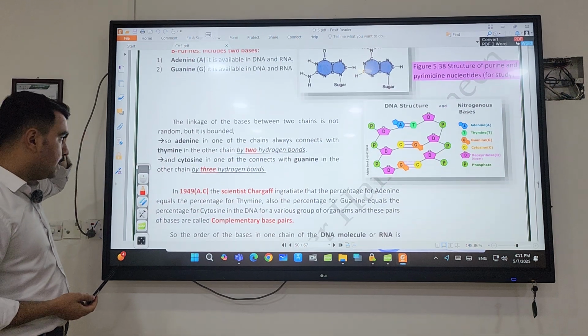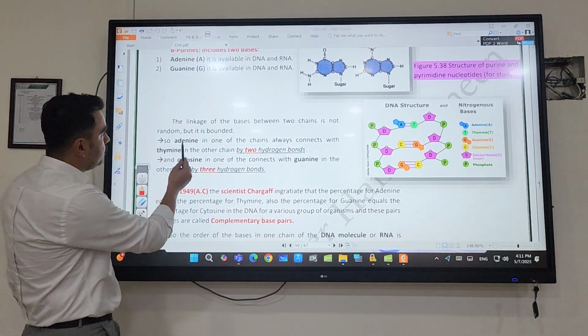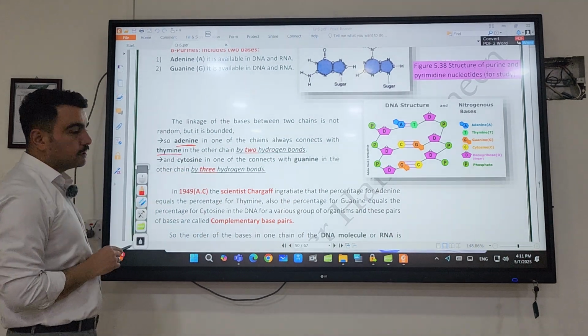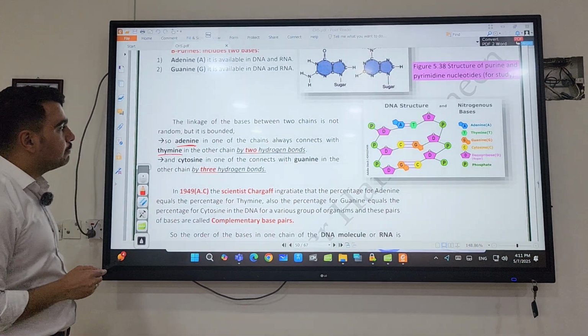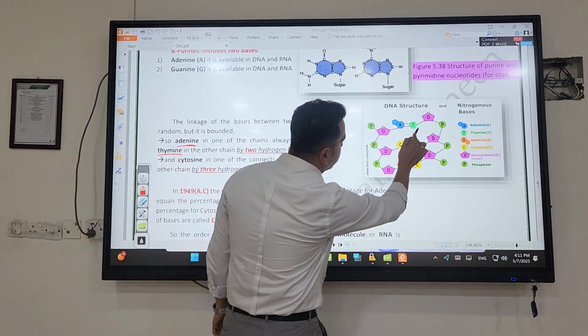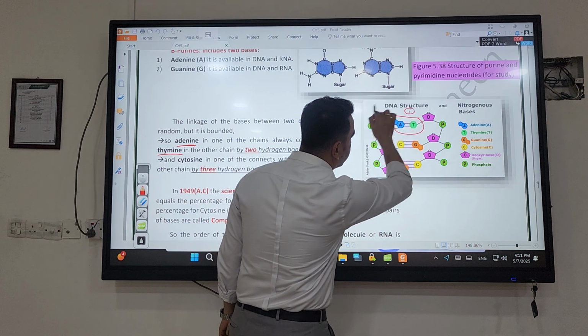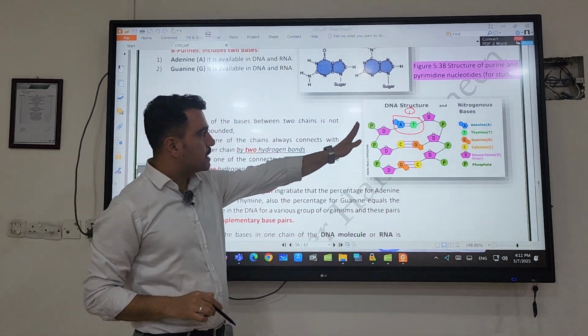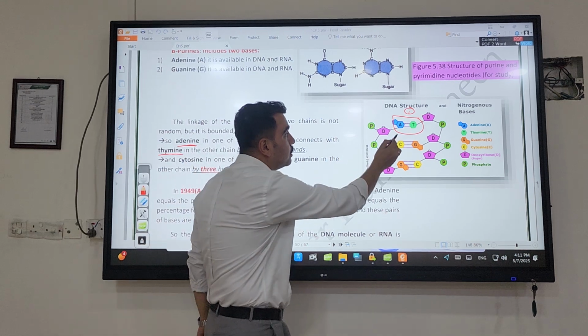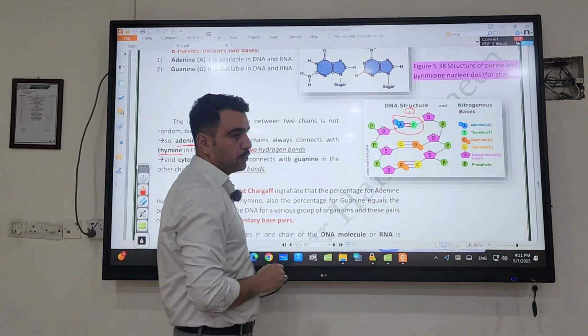Always, adenine will be connected with thymine by 2 hydrogen bonds. Where is it? In here. You see? This is example 1. So always adenine will be connected with thymine, and we have only 2 hydrogen bonds between them.